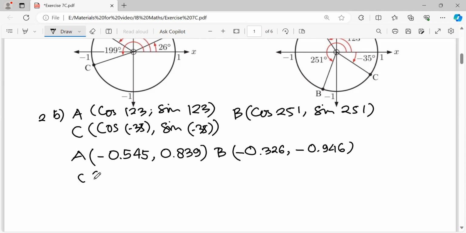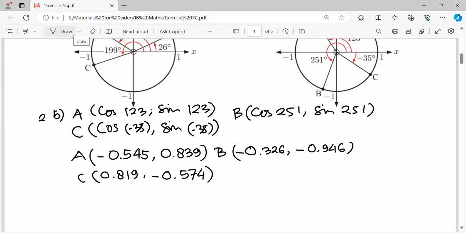Meanwhile, C: cosine negative 35 is 0.819, comma, sine negative 35 is minus 0.574. Okay, done.